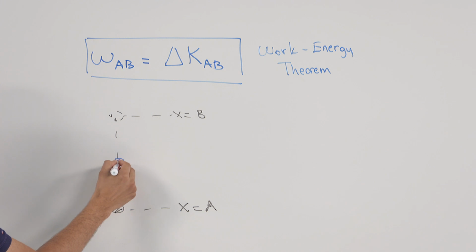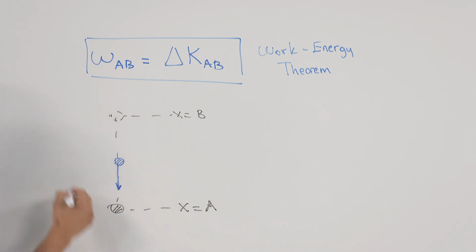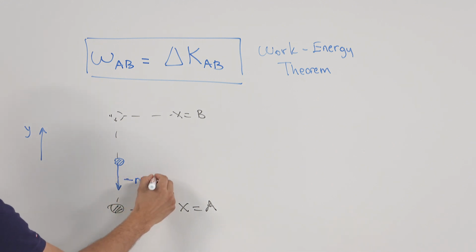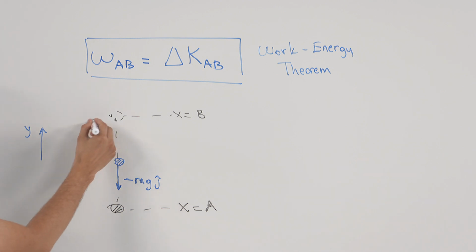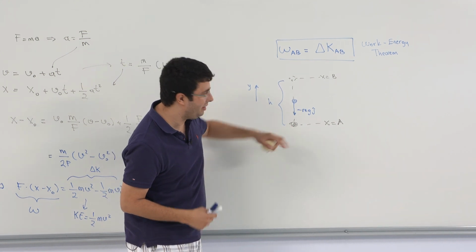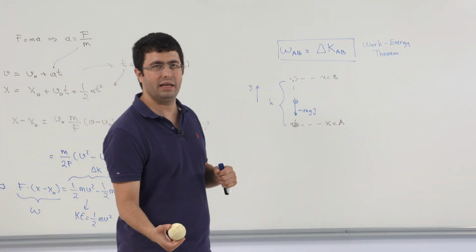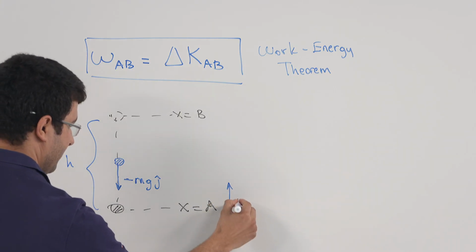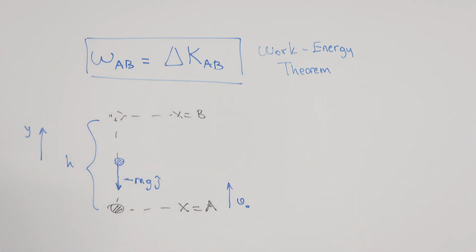So this is my baseball, and there's a force on it. Let's say this is the y direction. So the force on the baseball is simply minus mg times j hat. And let's say the distance between A and B is simply h. So at initial time t equal to 0, my baseball is here, and I give it an initial velocity, okay? So its velocity is v0, in the upwards direction, in the y direction.